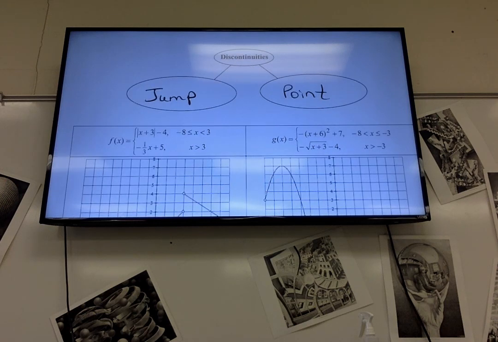The jump discontinuity is where those two pieces just don't connect. And the point is where two pieces connect, but it's at an open circle. Neither one of them is filled in.